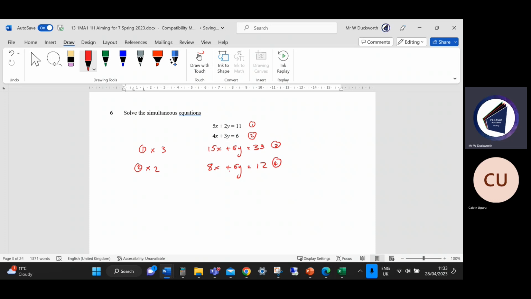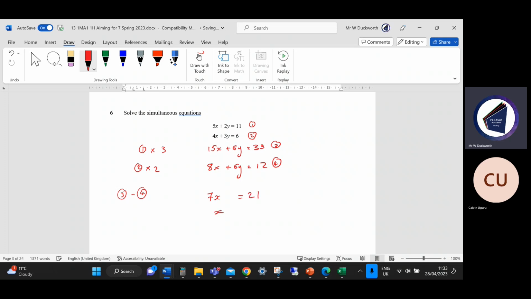Right. So I've got plus 6y and a plus 6y. I am going to subtract one from the other, and I've got a larger x coefficient in equation 2. So I'm going to do equation 3 minus 4, which is going to give me 15x minus 8x would be 7x. And that's going to be equal to 33 take away 12, which is 21.